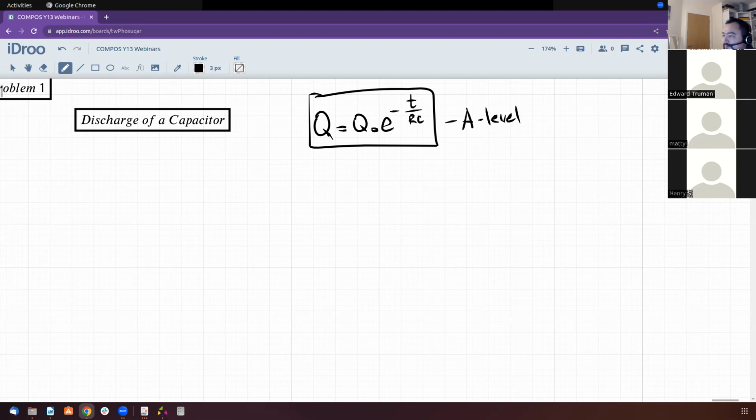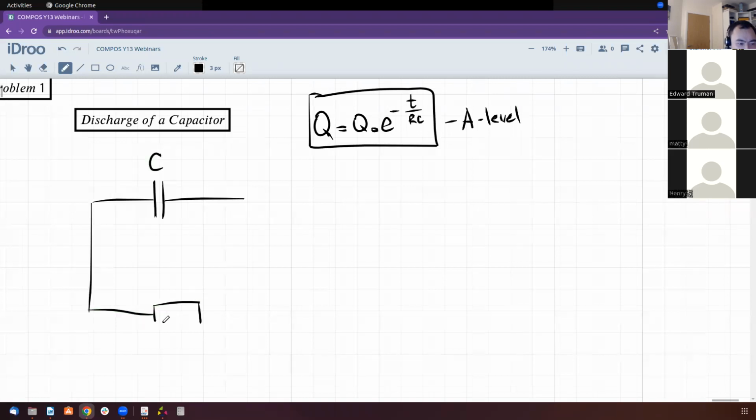Okay, so we have a charged capacitor with capacitance C, and we have a resistor R. Another question: do you know how to derive this formula?